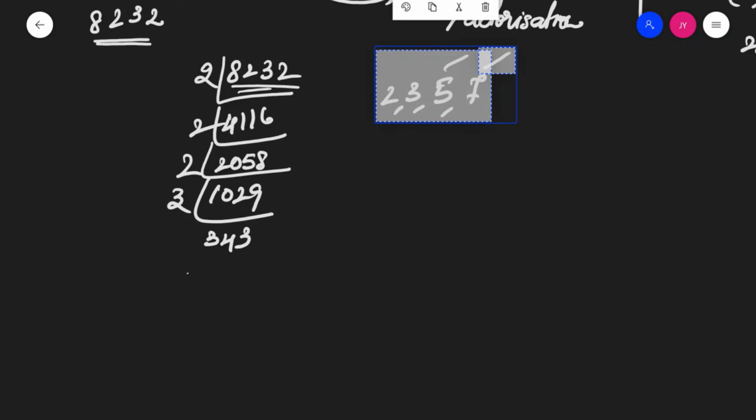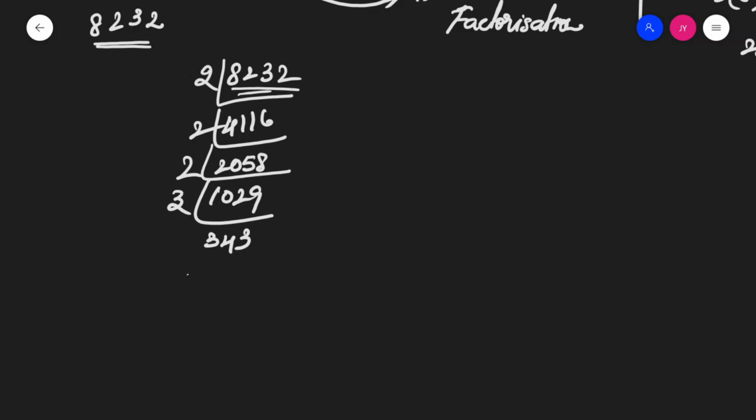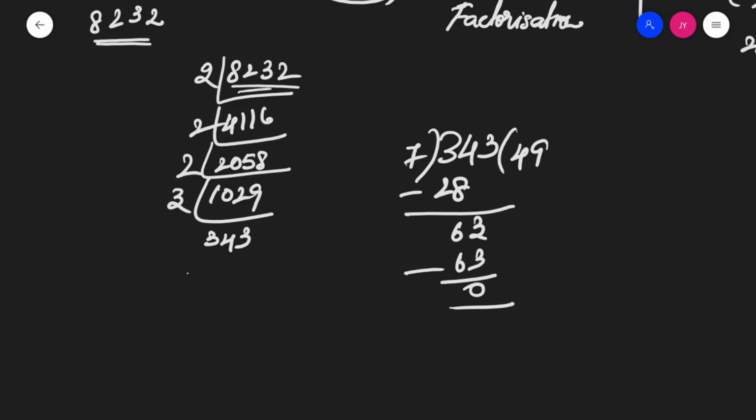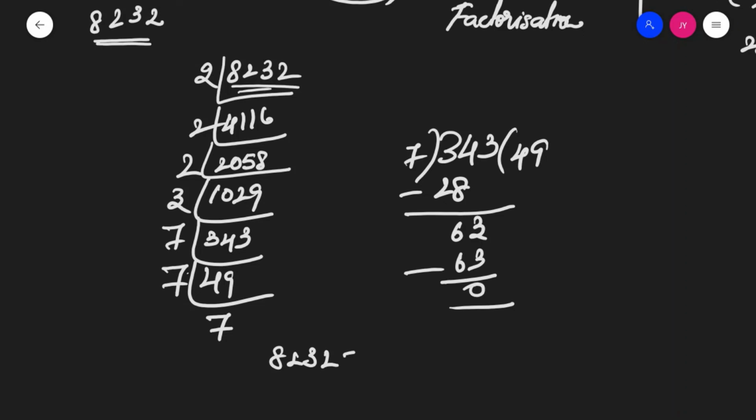So let us see if it is divisible by 7. 343 divided by 7: 7 fours are 28, we get 63, 7 nines are 63, 0. So it is 7, we get 49. Again 7 sevens are 49. So we can write 8232 as 2 into 2 into 2 into 3 into 7 into 7 into 7.